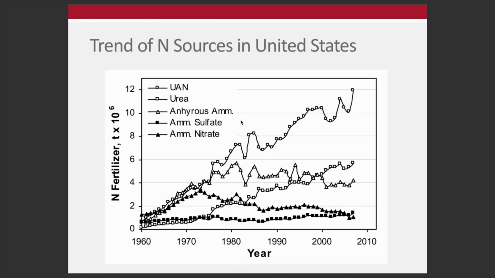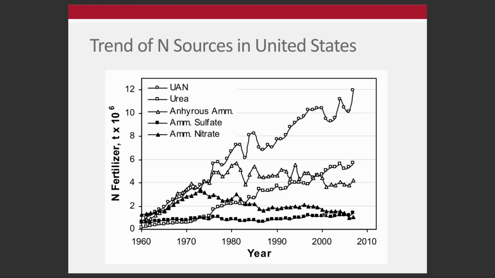So just looking at the trends in the United States in terms of the type of fertilizer that's used, this isn't coming out super well, but starting at the bottom, the solid triangles and squares are ammonium nitrate and ammonium sulfate.